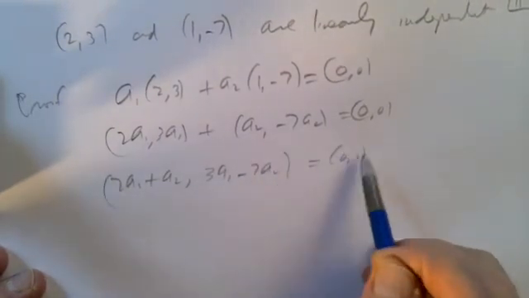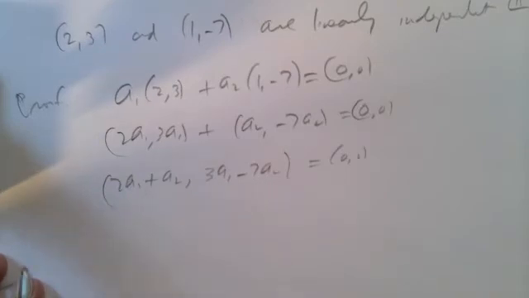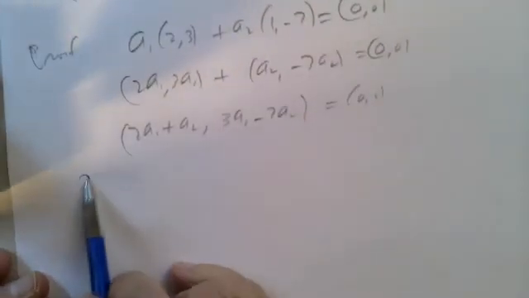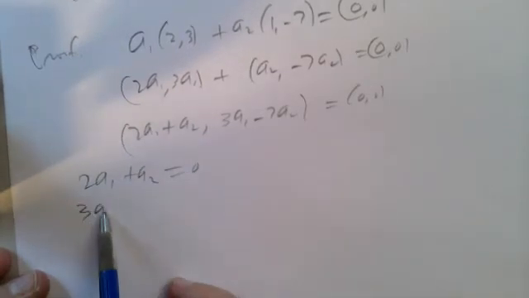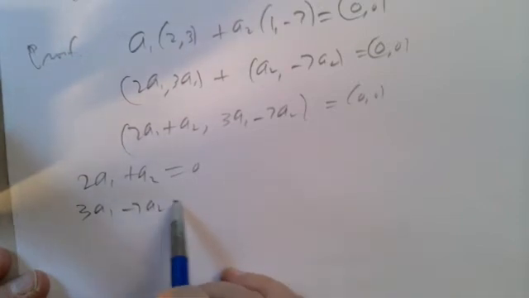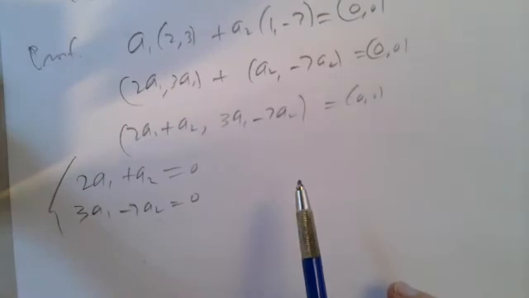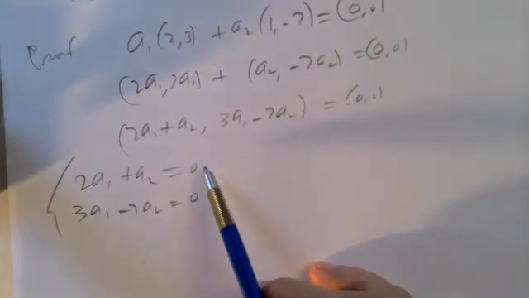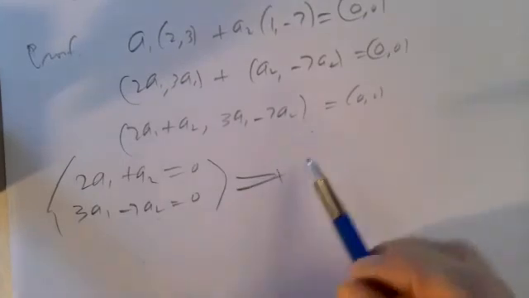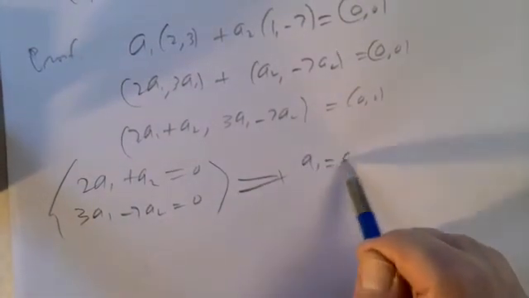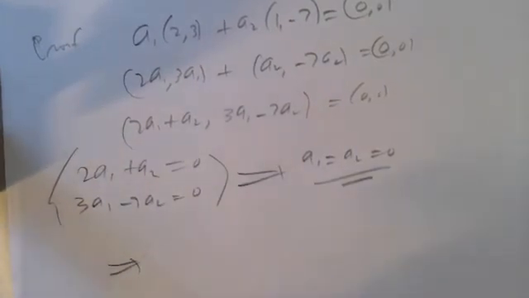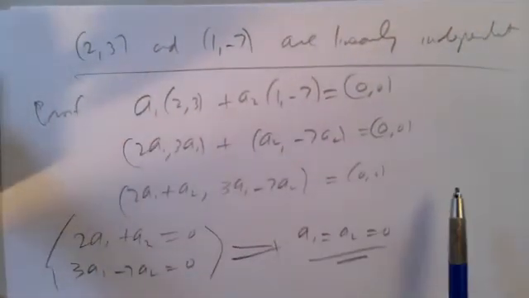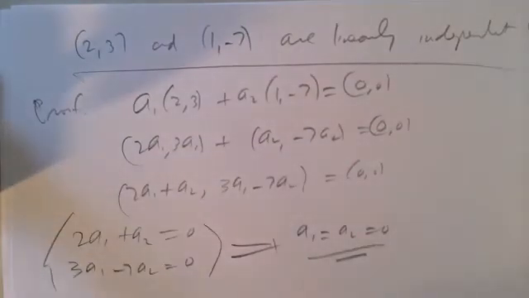That's supposed to be the zero vector. Each coordinate has to be 0. So 2a1 plus a2 equals 0, and 3a1 minus 7a2 equals 0. If you solve these two equations in two unknowns, you get that the only solution is a1 equals a2 equals 0. So we proved what we wanted to prove. These two vectors are linearly independent.